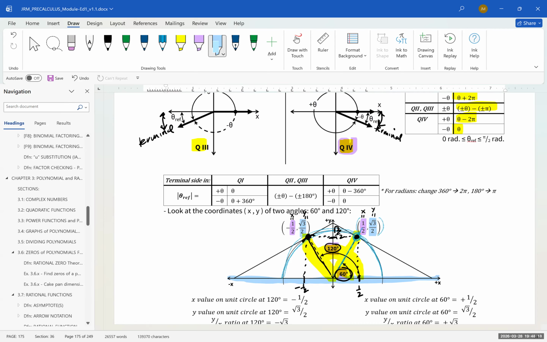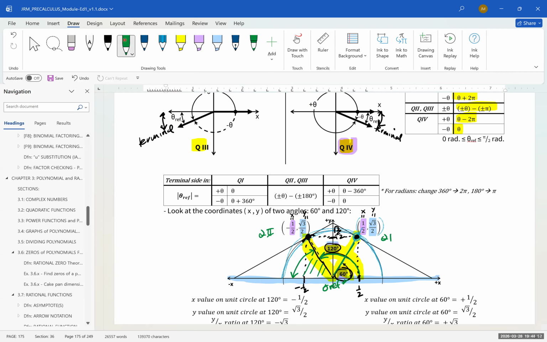Why do they have almost the exact same values between them, especially since one is 60 and the other is 120? It's because they have the same reference angle, right? The reference angle for 60 degrees is 60 degrees because it's in quadrant 1. The reference angle for 120 degrees, because it's in quadrant 2, is going to be here.